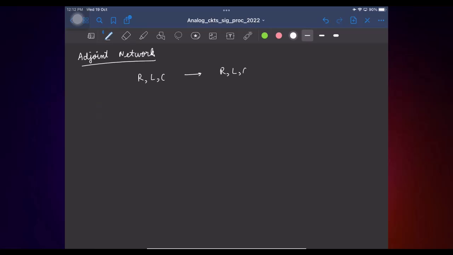You retain the same in the adjoint network. If the original network had a voltage controlled current source, we just retain it but flip it. If it is a VCVS, it becomes a CCCS and vice versa. Again, the sensing and the sourcing terminals are flipped, and also if it's a CCVS, it is a CCVS.